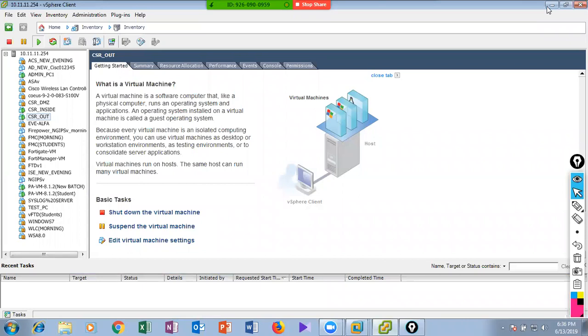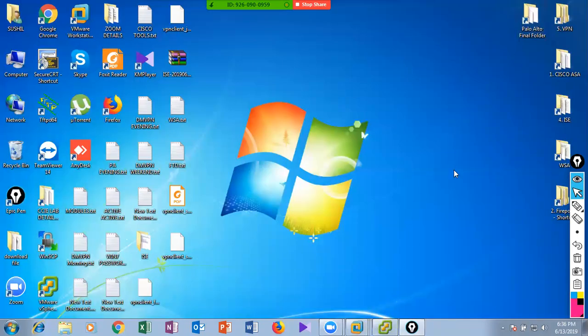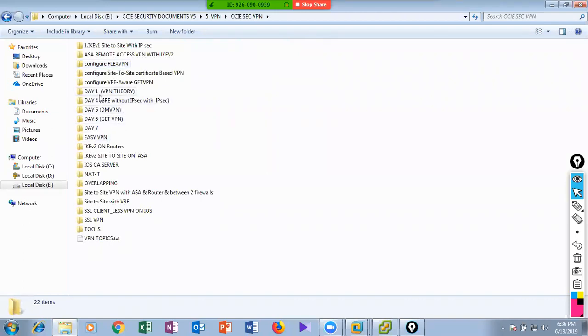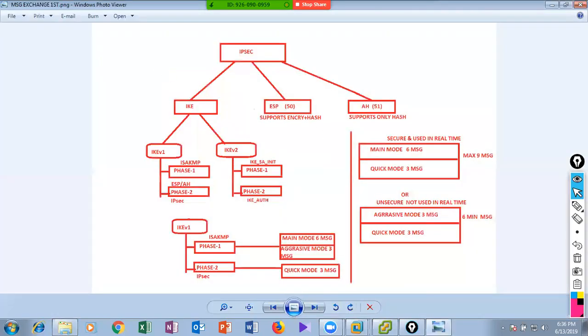So these were the details of your IPsec protocol. I hope you understood how IKEv1 with the phase 1 and phase 2 negotiation will work and how the packets will be exchanged. Let me make it very clear.